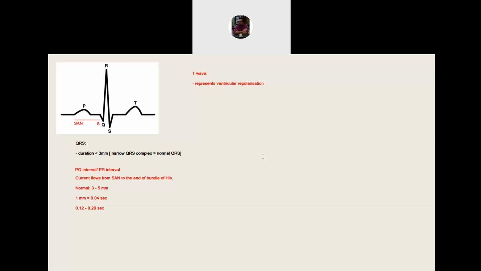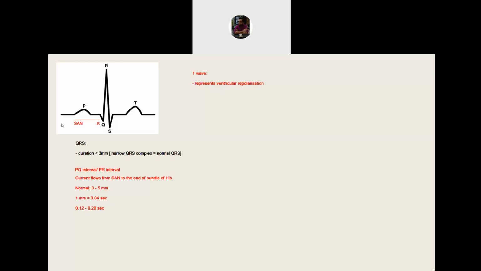No, not at all, because these are vectors. A vector represents direction as well. Of course, the vector is in that direction, but why? No, it's also not because it's directed to the negative electrode. Very good. Dhwani is saying that it is because the directions of depolarization and repolarization are opposite. And that is exactly the answer.